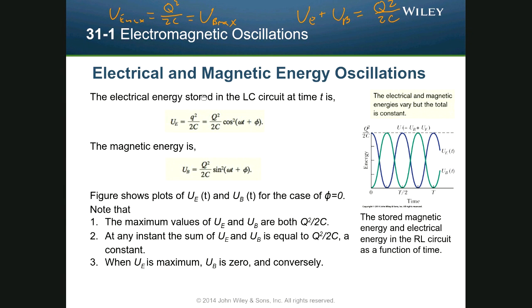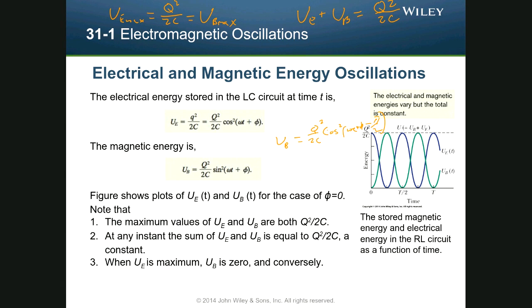It's practically by inspection, but it's easy to argue that UB has to equal Q squared over 2C times cosine squared of omega t plus phi, but minus pi over 2.